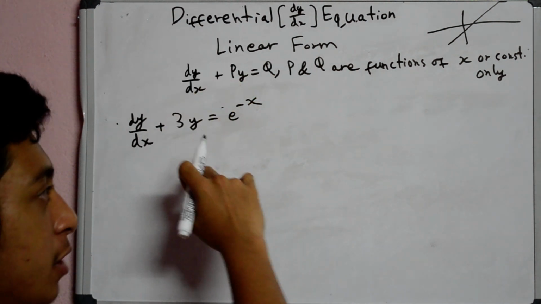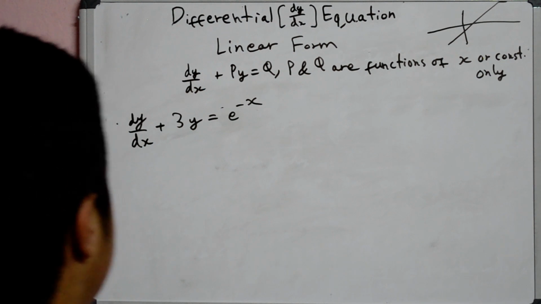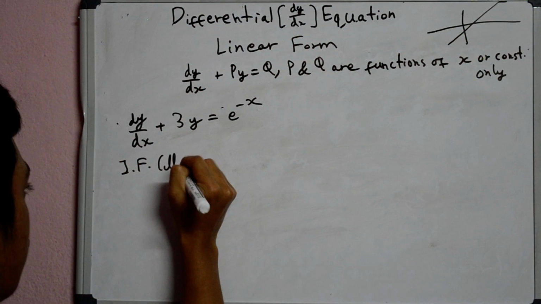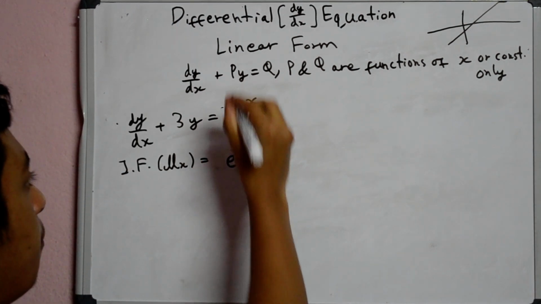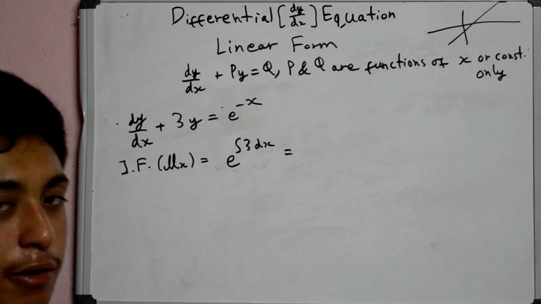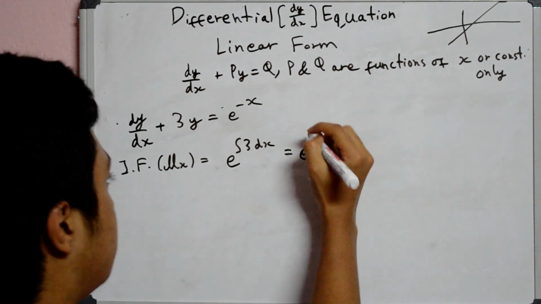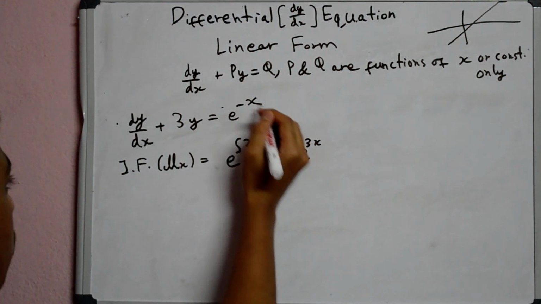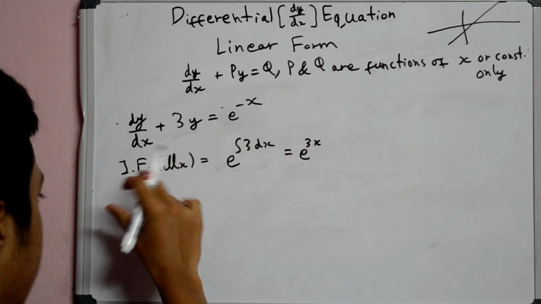Here p is 3, which is a constant, and e to the power minus x is a function of x. So here, the integrating factor, mu x, is equal to e to the integration of p, which is 3 dx. So the integration of a constant is just that constant into x, which is e to the power 3x. Now what we do is multiply both sides with the integrating factor.